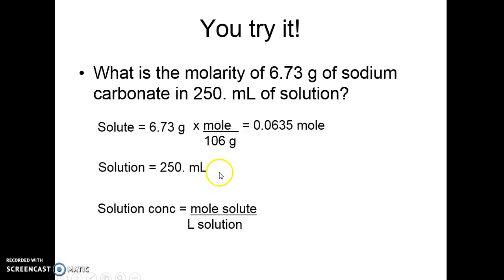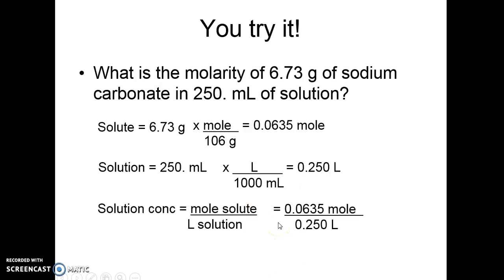And then I figure out 250 milliliters, I can just convert that to liters. Now I plug it in. 0.6063 moles over 0.25 liters, that gives me 0.254 molar.